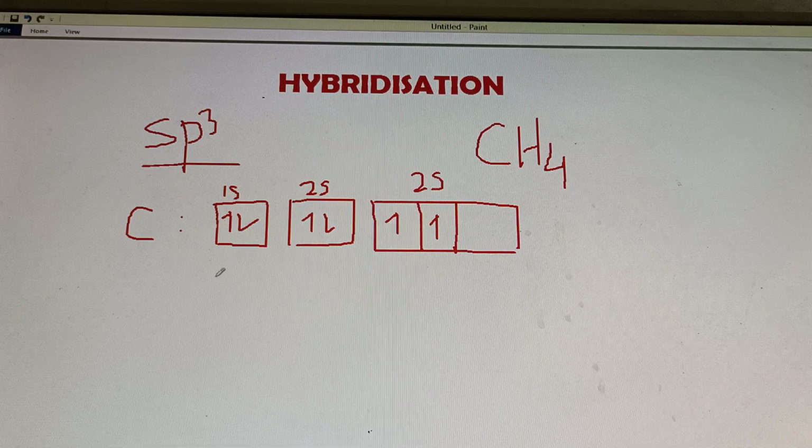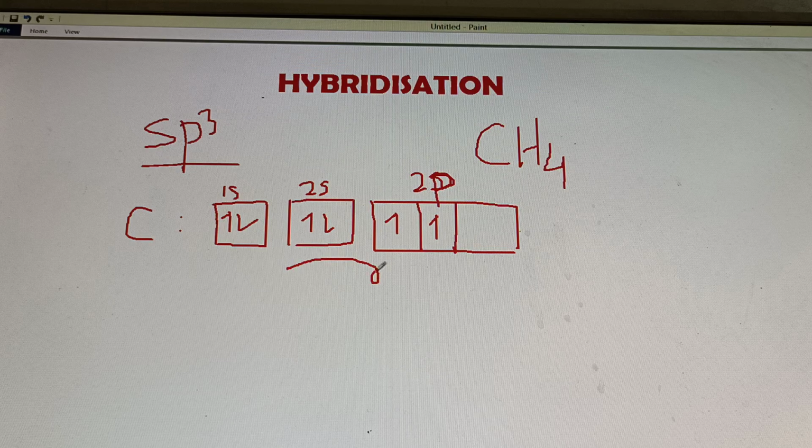Next, intermixing will occur between 2s and 2p. So 2s, the valence orbital, will mix with the 2p orbitals, px, py, pz, to give sp3 hybrid orbitals.